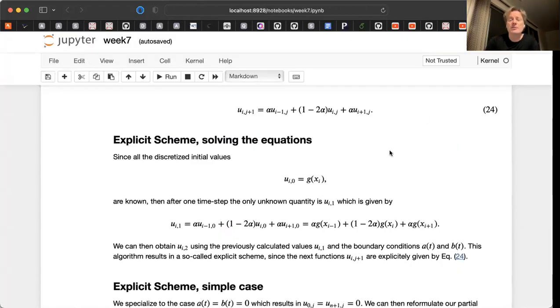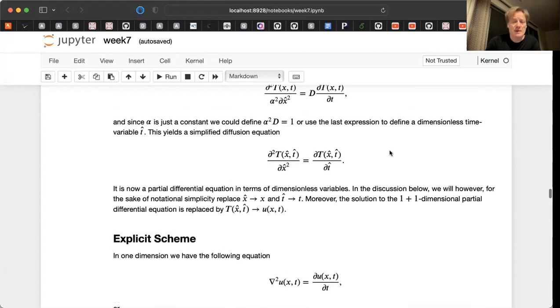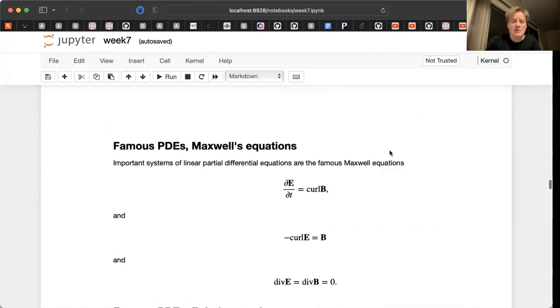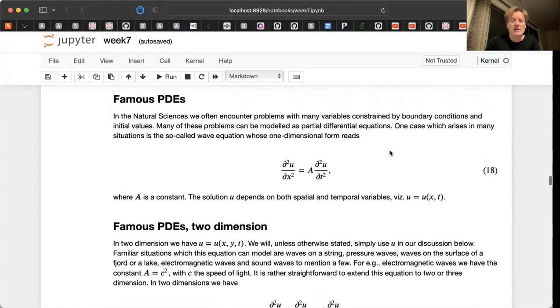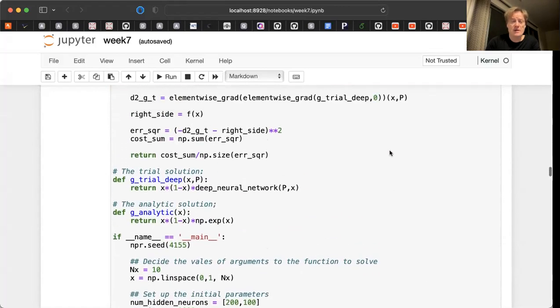So if we scroll back a little bit, where we ended last time was in our discussion of the Poisson equation.